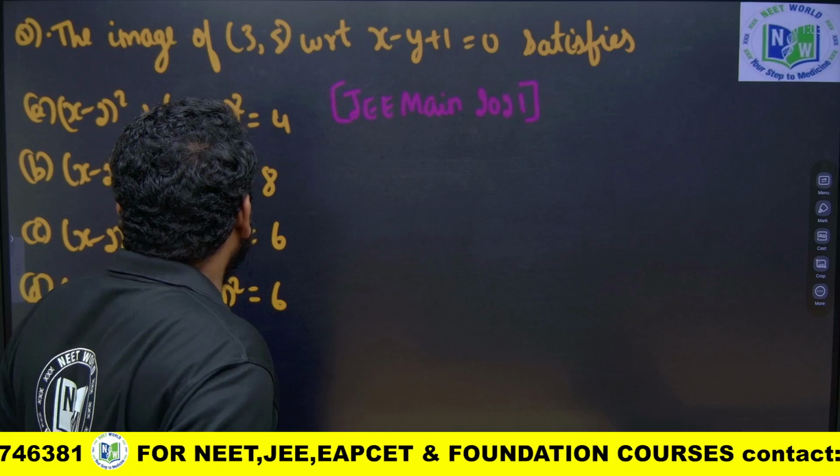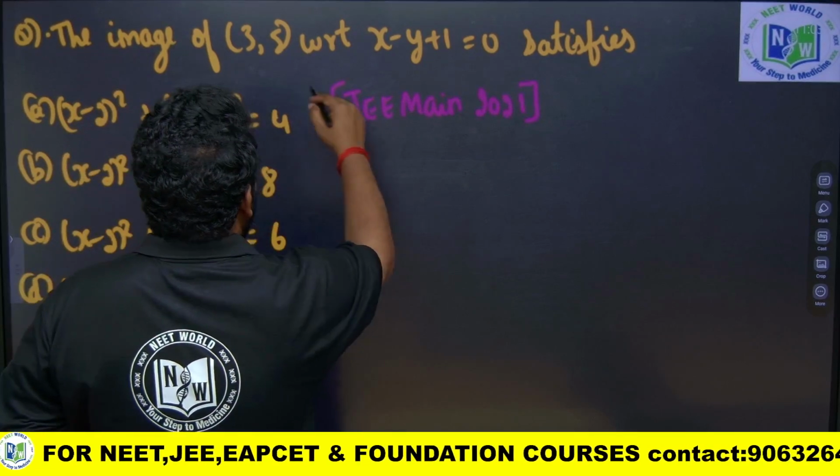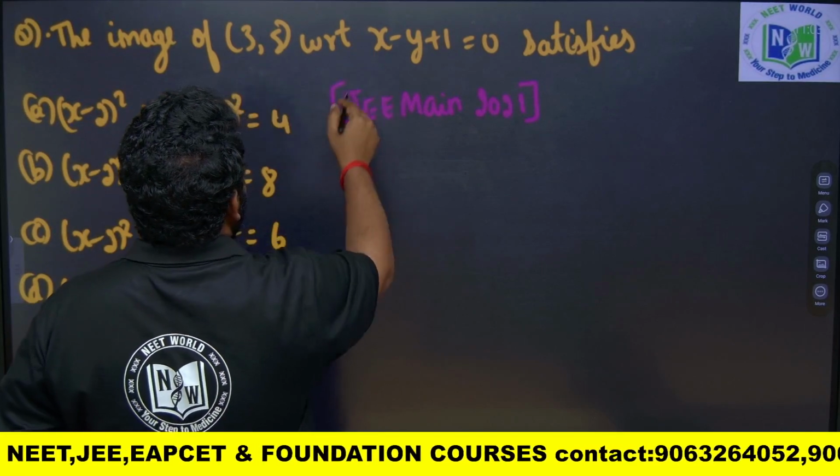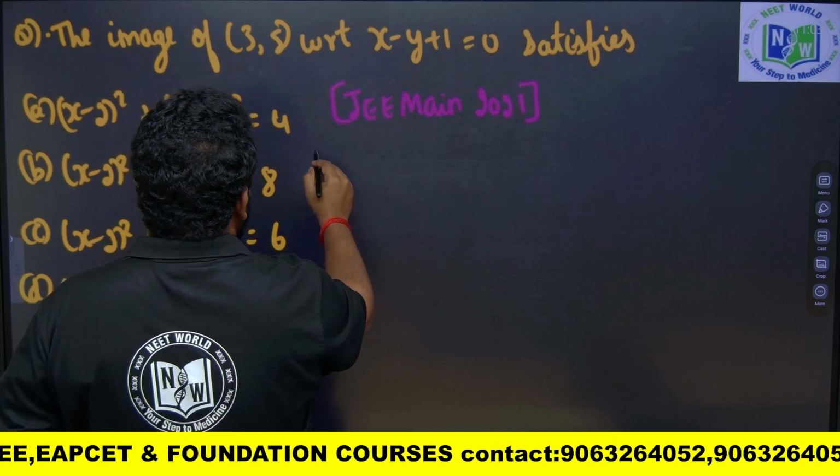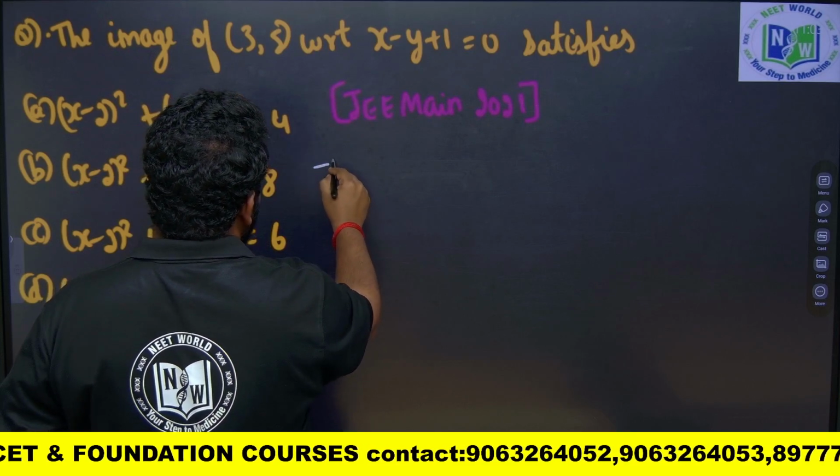So this is given as what? Let us take this as the point 3. Okay, let me put the values.